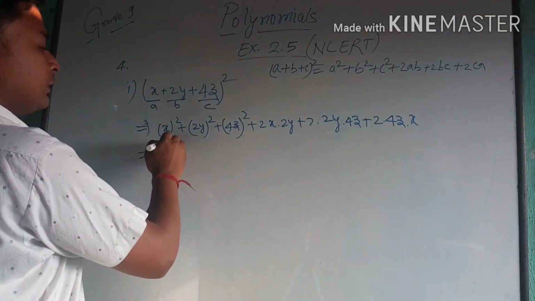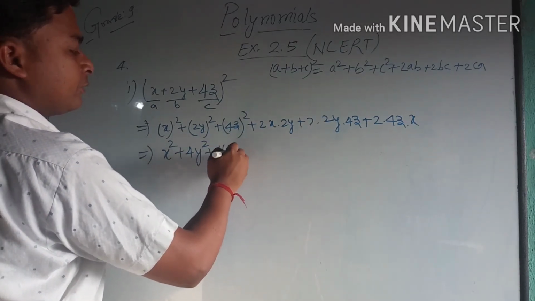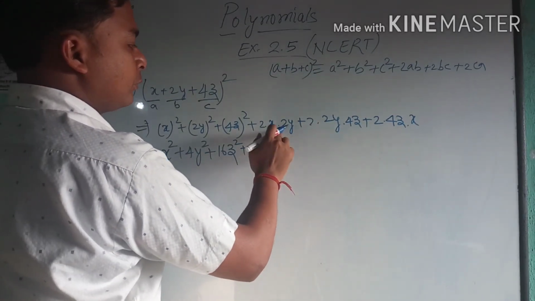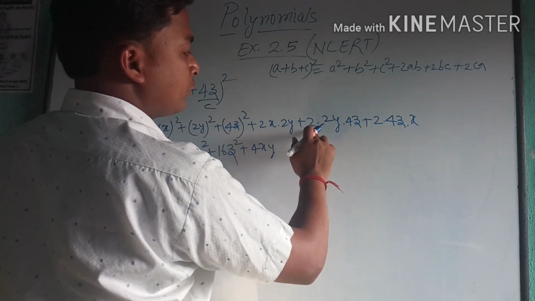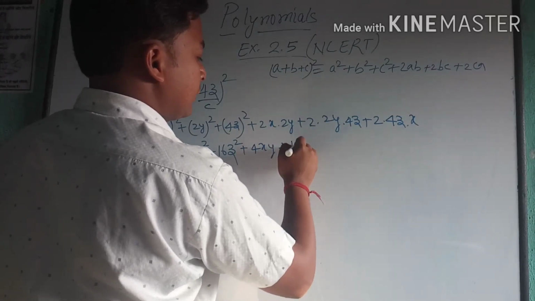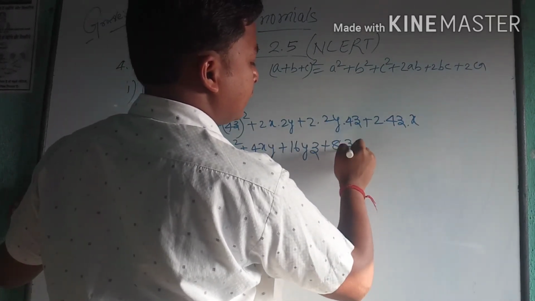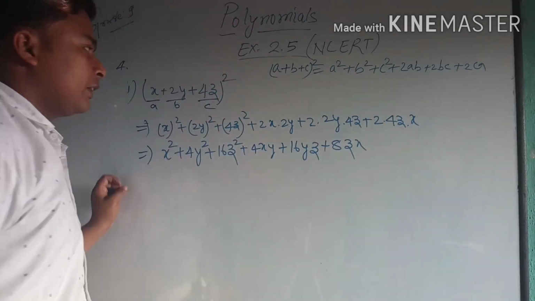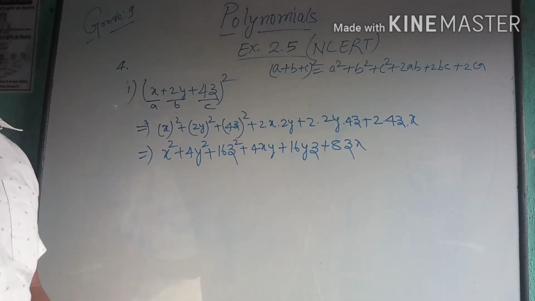It can be written as x square plus 4y square plus 16z square plus 2 into 2 into 1, that is 4xy, plus 2 into 2 into 4, that is 16yz, plus 8zx. Hence all questions are similar. You have to simply put the value of a, b and c.